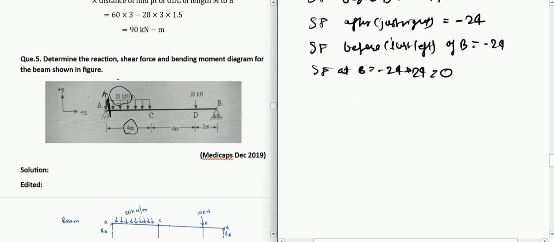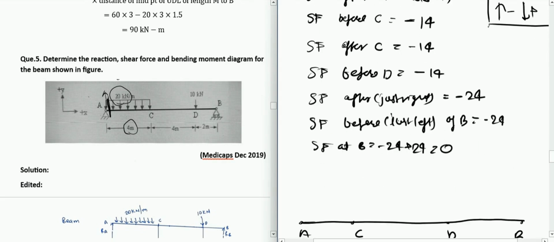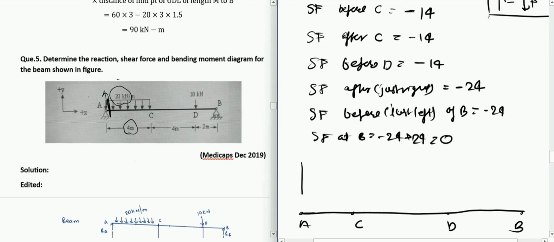Let us just make the SFD diagram from the above values. So we have A, we have C, we have D, we have V. At A, the value is 66. Let us say this is 66.